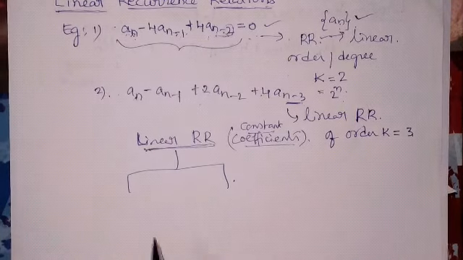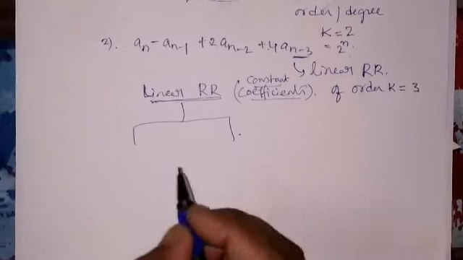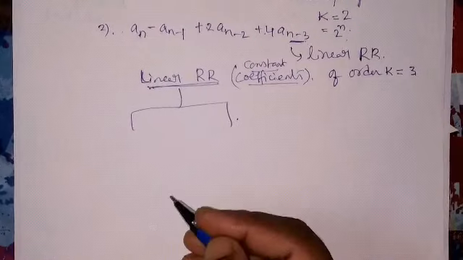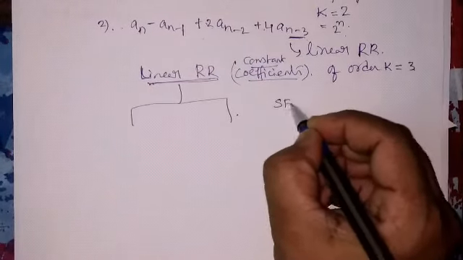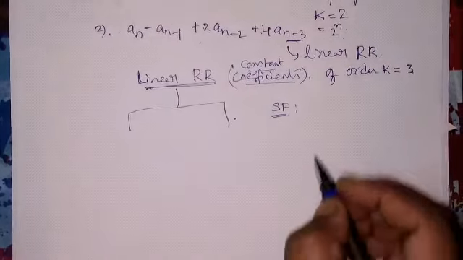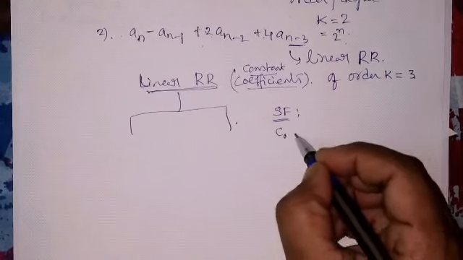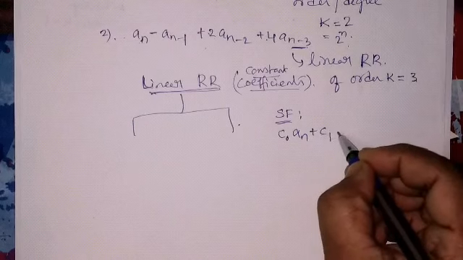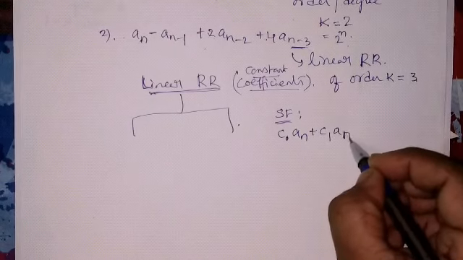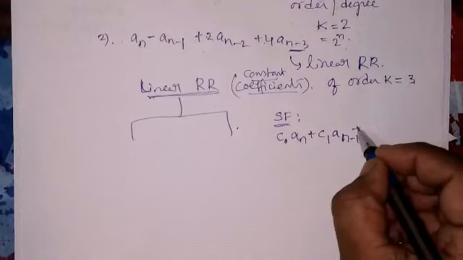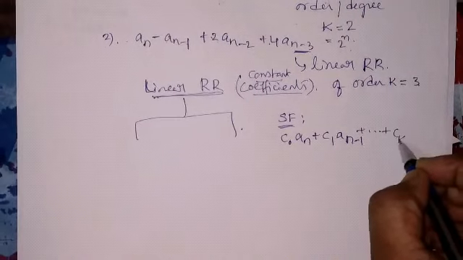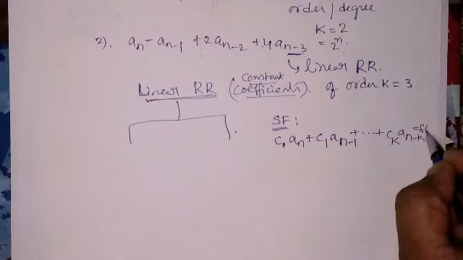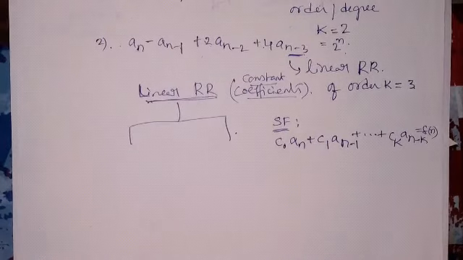The linear recurrence relations are classified into 2 types. Before we look at the classification, we write the standard form of the linear recurrence relation: a constant C0 into the nth term a_n, constant C1 into the previous term a_(n-1), and so on, plus C_k a_(n-k) is equal to f of n, right?